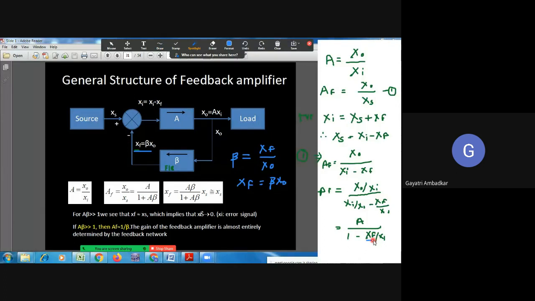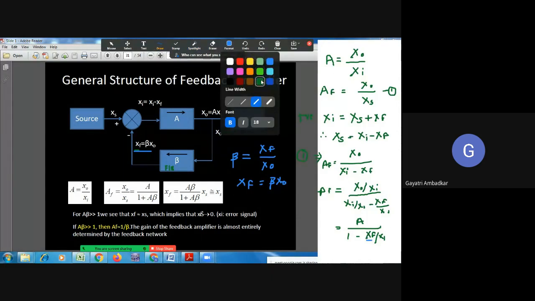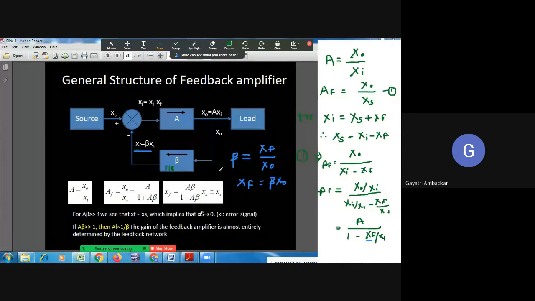Look here on the right hand side. I am using a highlighter. Okay, so here, this XF I am now going to replace by beta times XO.